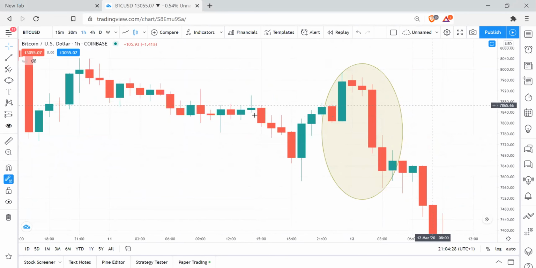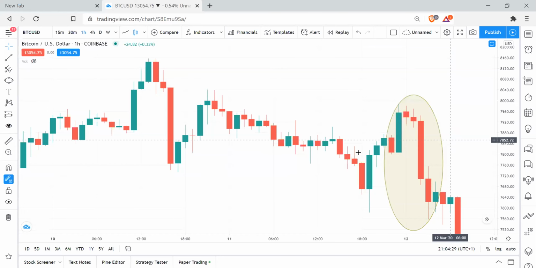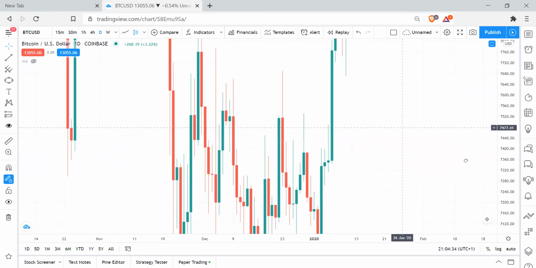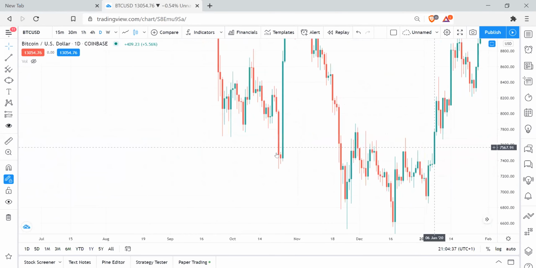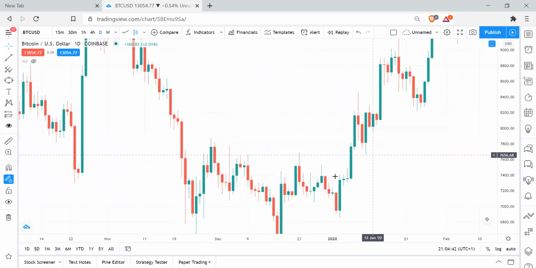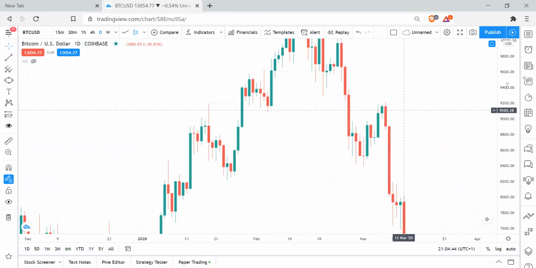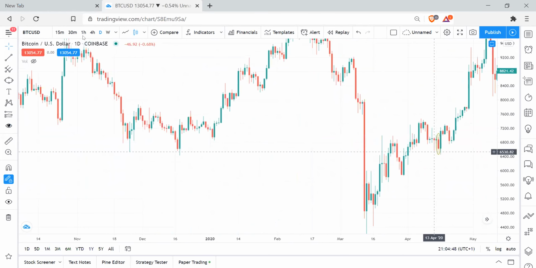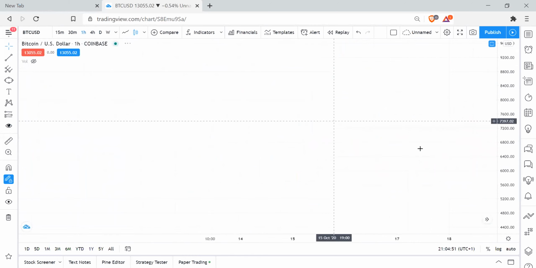So if we're going by that, let's say we go back to the daily time frame now. I'll pick up that candle from March 13th. Where are you? Okay, let me just go back and make that bigger, it's a little hard to find here.